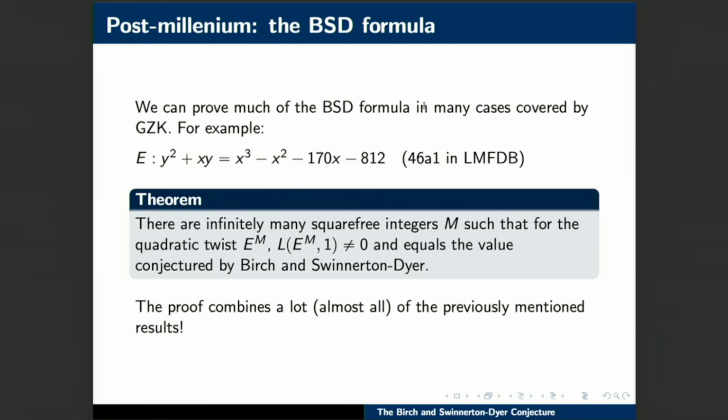I think this is the first time we can say that there are infinitely many non-CM curves for which the full Birch and Swinnerton-Dyer conjecture holds. And the proof of this, although it doesn't seem like very many curves, combines pretty much everything that we've done for elliptic curves and the Birch and Swinnerton-Dyer conjecture up to today.